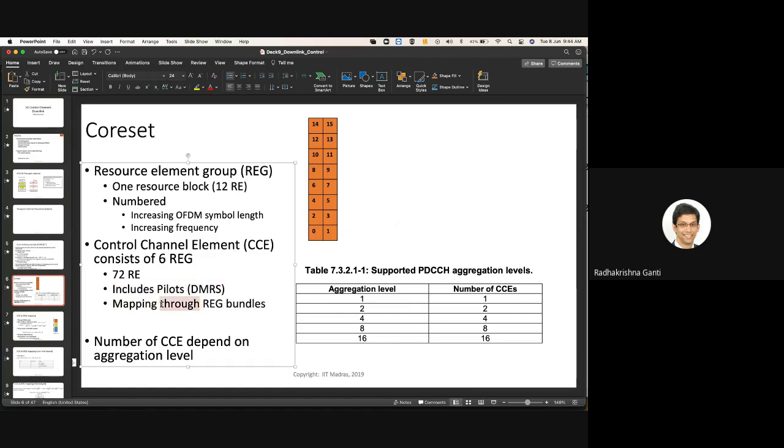The number of CCEs depends on the aggregation level. For example, if you have aggregation level 1, you use 1 CCE. Aggregation level 2 means 2 CCEs, aggregation level 4 means 4 CCEs, 8 means 8 CCEs, and 16 means 16 CCEs. When they specify an aggregation level, essentially you take your data and put it in that many CCEs. Is that clear?